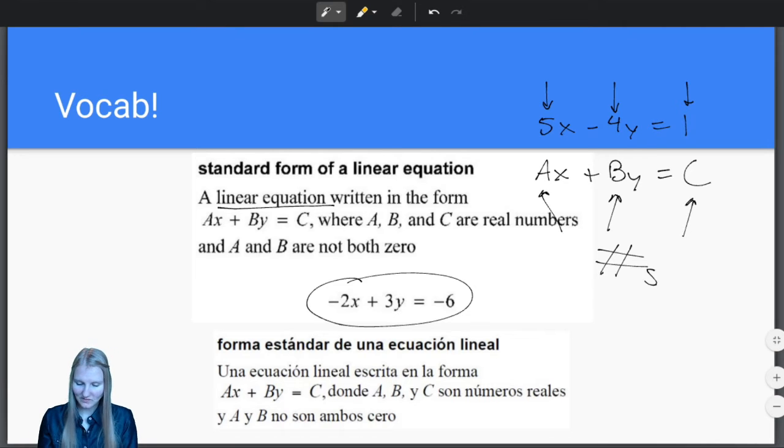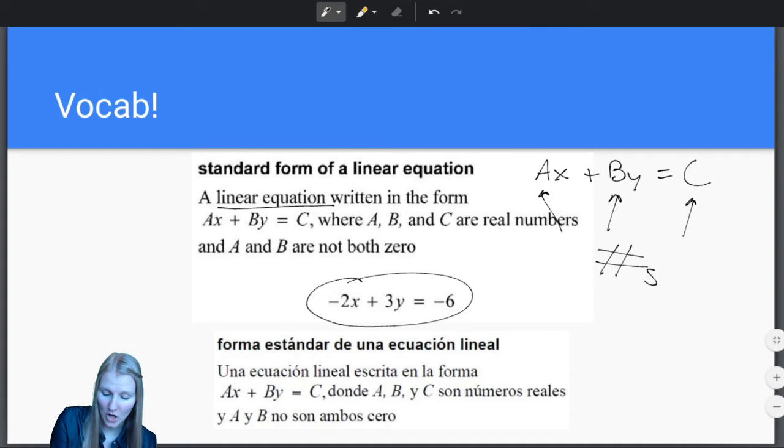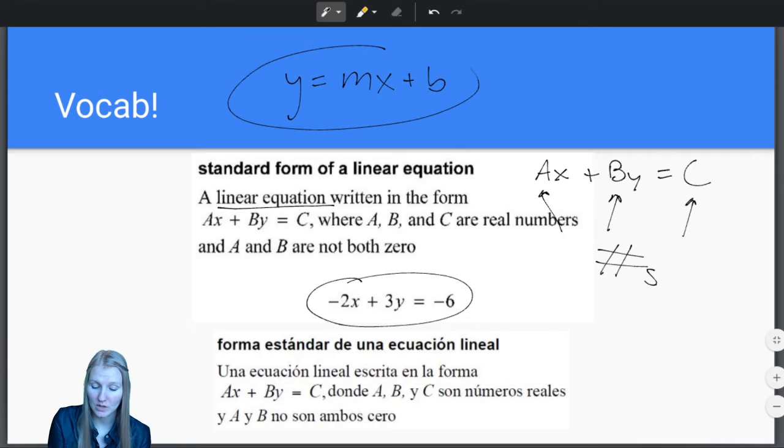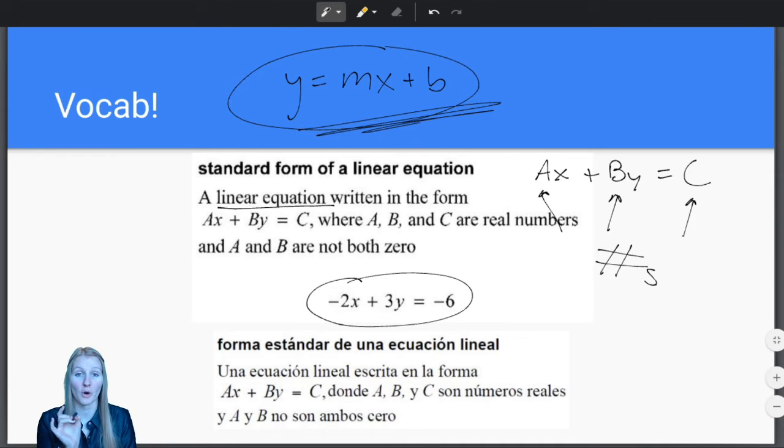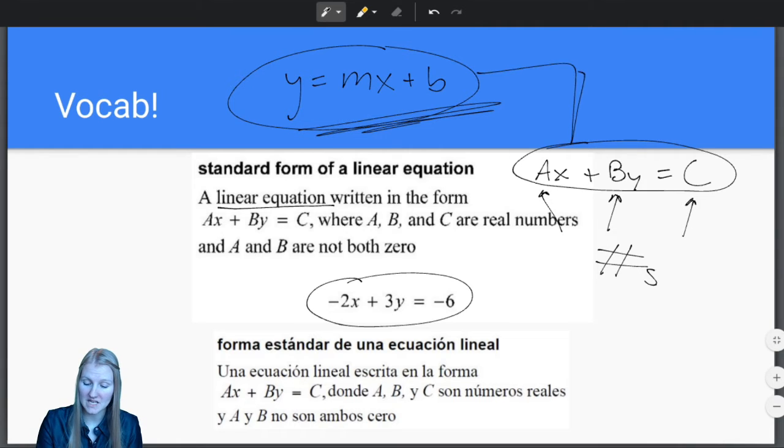Okay, so you have heard we talked about how all linear functions can be written in the form y equals mx plus b. Now, this is a certain form. It is different than standard form. Both of these forms are the equations of lines.